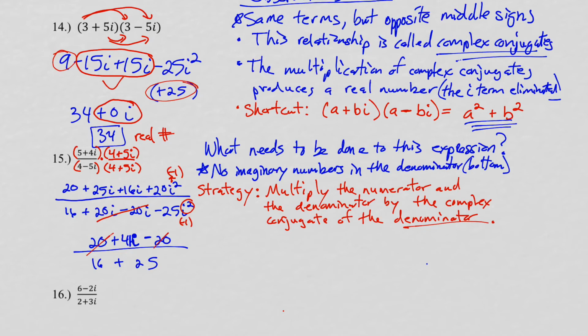So basically these cancel in this case. And we get 41i over 41, which then our 41s cancel, giving us just i. Okay, so it's pretty wild that all this stuff just ends up being just i.